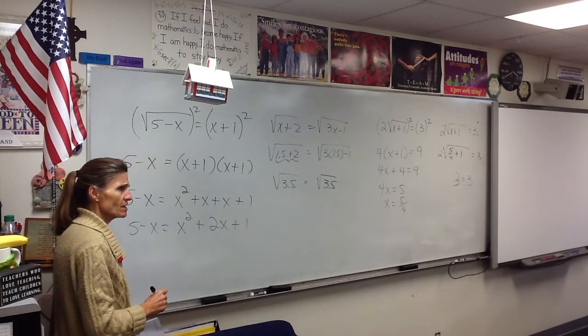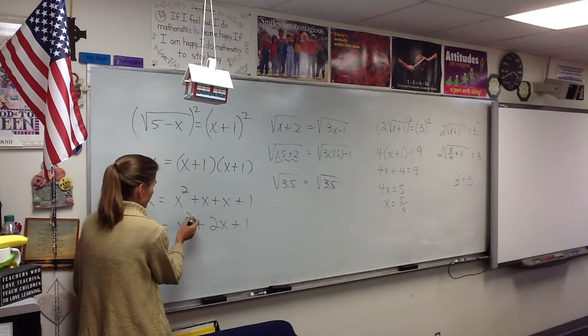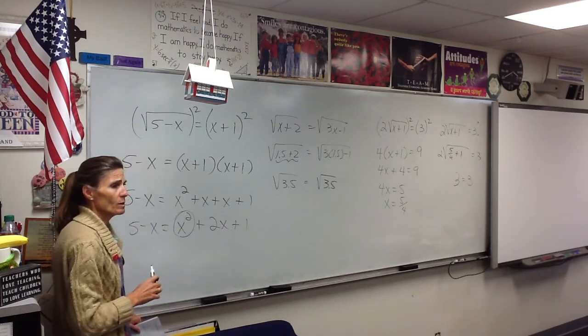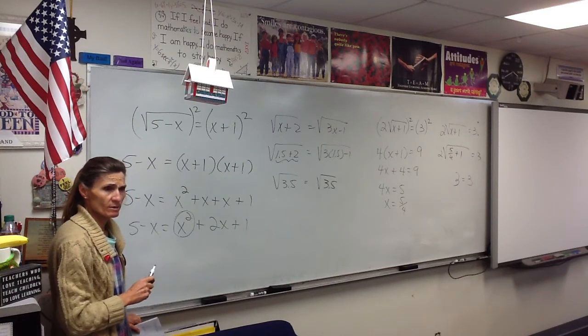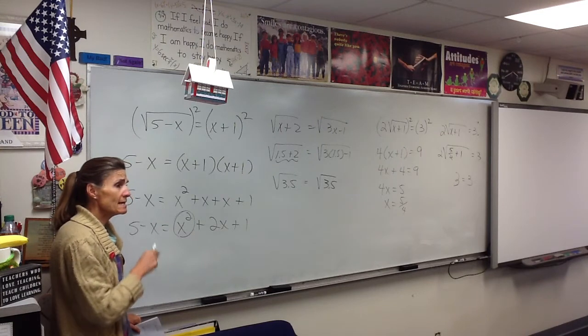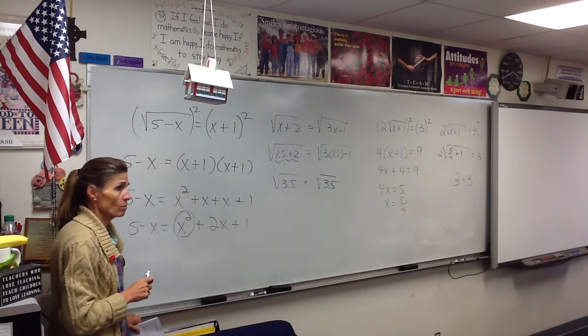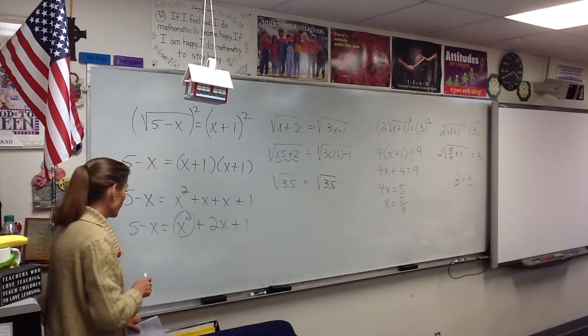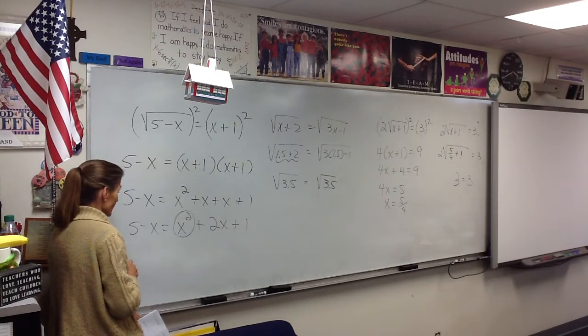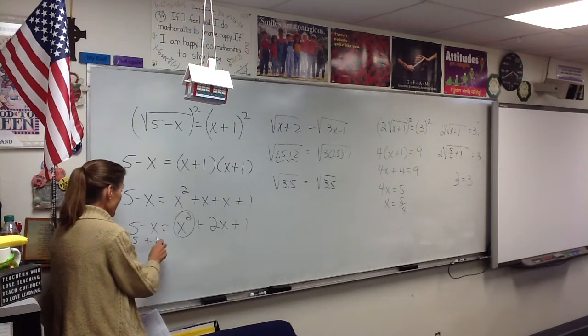What kind of an equation is that? What do we call equations that are x squared? It starts with a q. Quadratic. We need to get that equal to 0. So we're gonna take these guys and move them over. We're gonna subtract 5 and add x.